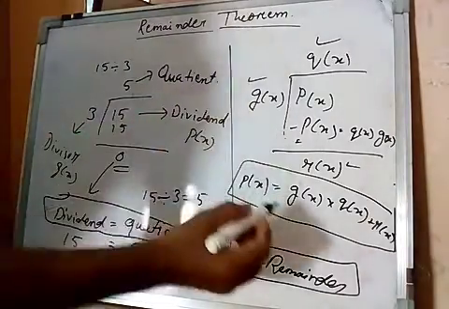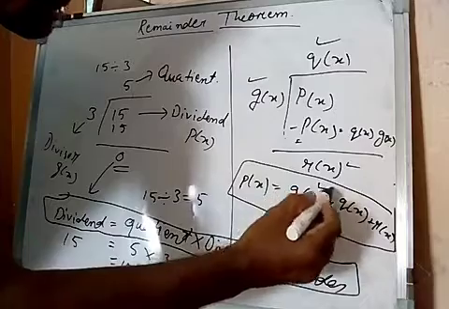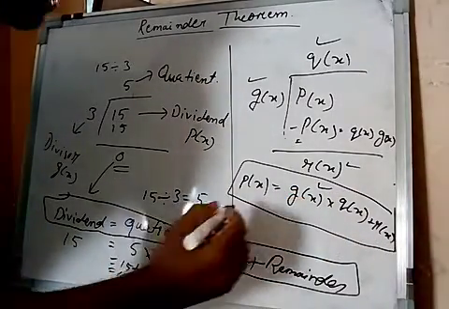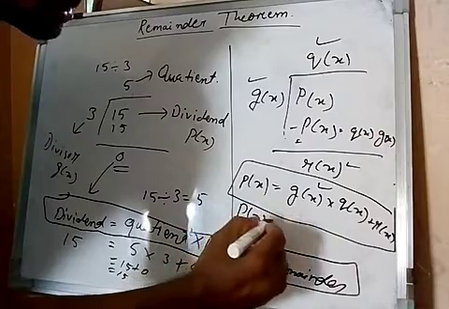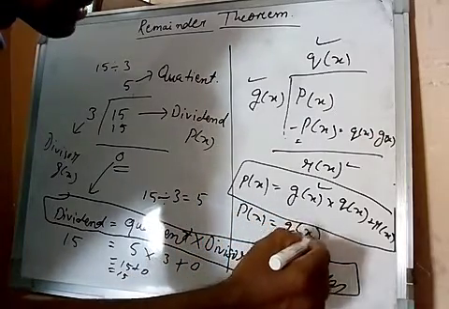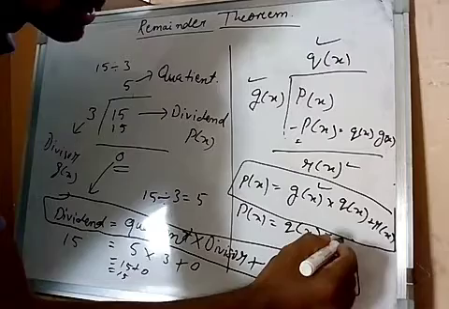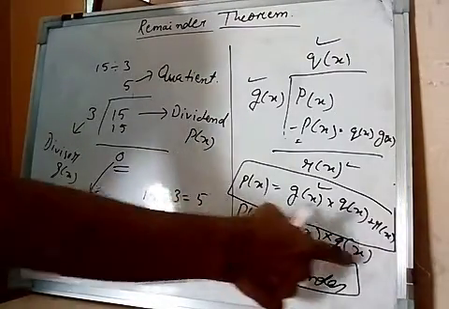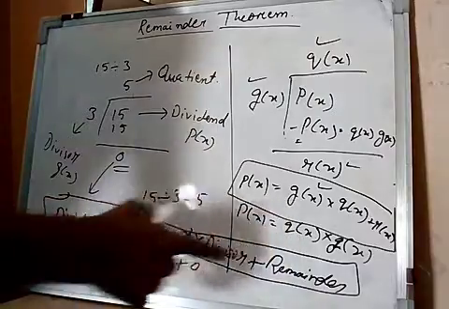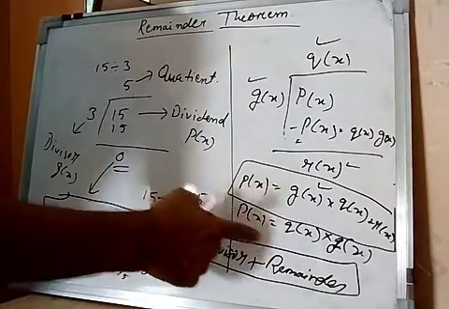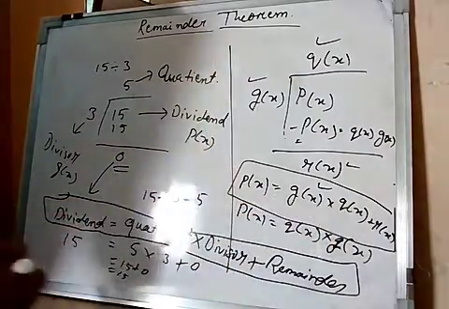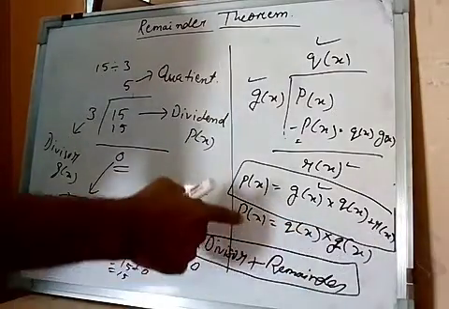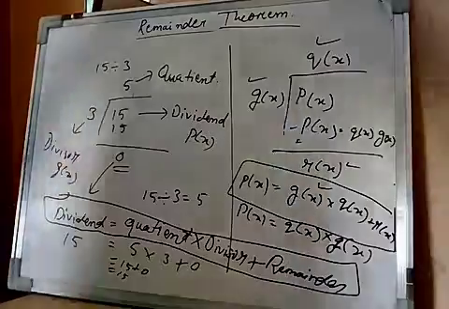If p(x) is completely divided by g(x), then the remainder will be 0. So we can write p(x) equals q(x) multiplied by g(x). Then p(x) is the multiple of q(x) and g(x). So we can say q(x) is a factor of p(x) and g(x) is a factor of p(x).